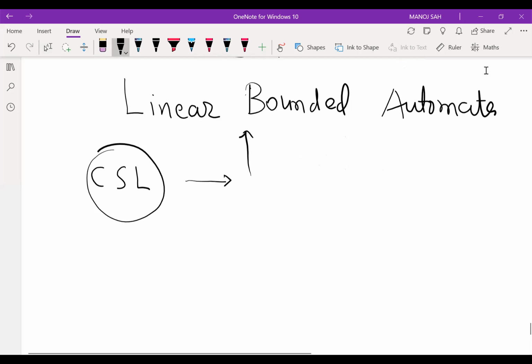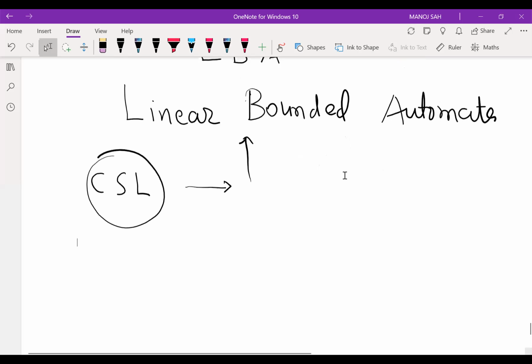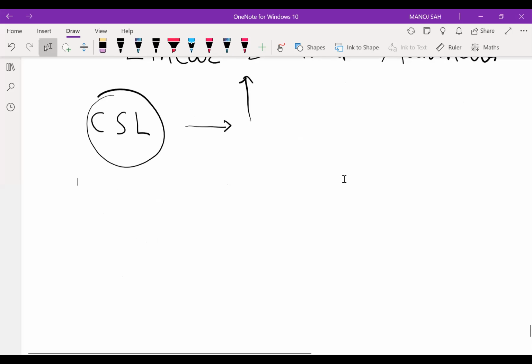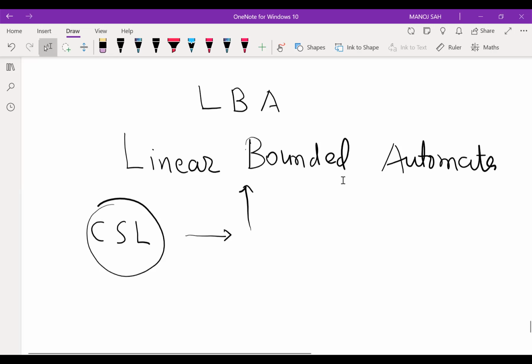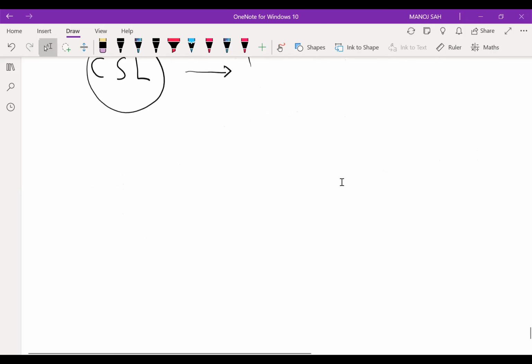Try to understand here, we will give more detail of this chapter and the explanation in the online lecture. The mathematical representation of the context sensitive language is called the linear bounded automata, that is LBA. The LBA is a restricted non-deterministic Turing machine with the following operations.